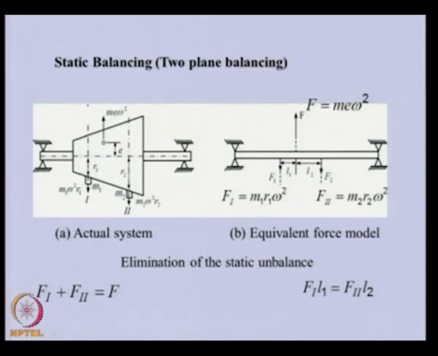Let us say that force is F. To balance this unbalanced force, we keep two masses in these two planes, because generally we have provision to put mass at the sides of the rotor. Here we keep a mass m1 at radius r1 and here m2 at radius r2. They will give forces F1 and F2.